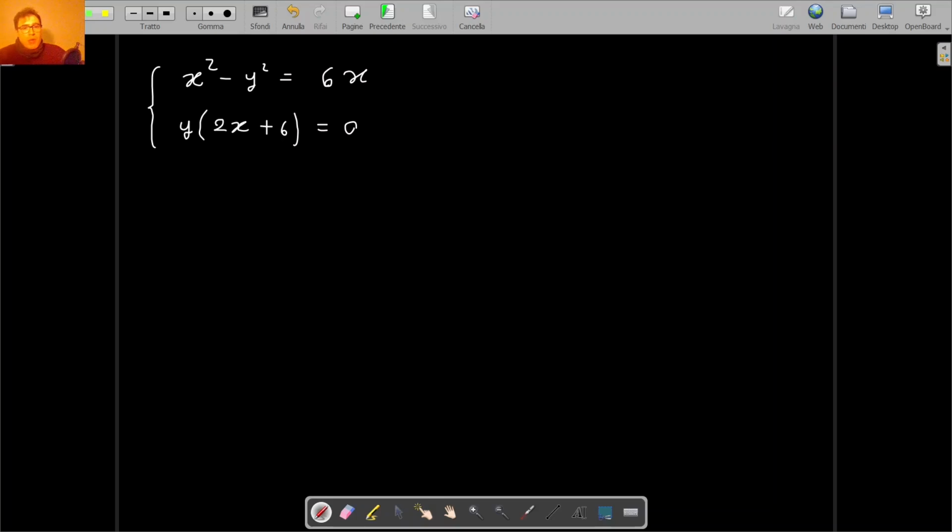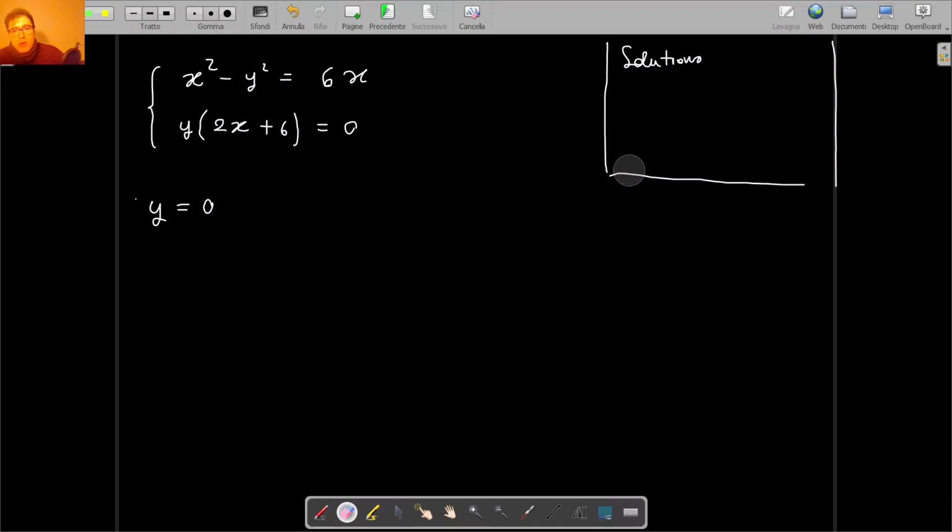Perfect. So we can start and we can say, okay, we start with y equal to 0. Then here we have a little box with solutions, and I'll actually open this box because probably it is too small. So we start with y equal to 0 and we write it here, and with y equal to 0 the second equation is automatically solved because y is factored out, and it makes the whole equation equal to 0.